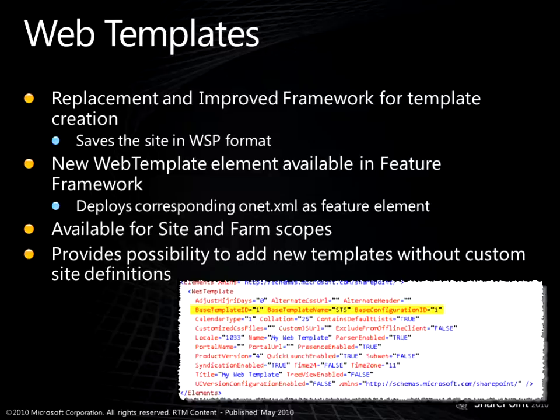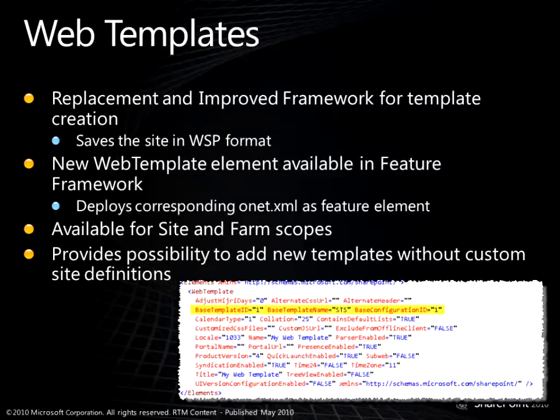Since the web template defines the site structure from a feature, it's also supported for the sandbox solution deployment option, which provides even more flexibility in our deployment architecture. A web template feature can be scoped either for a site collection or a farm level, which means that we can deploy our custom site provisioning instructions also as a full trust solution, and the site template would be available throughout the SharePoint farm.